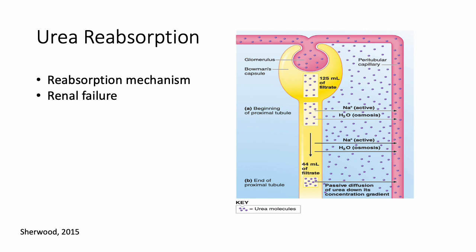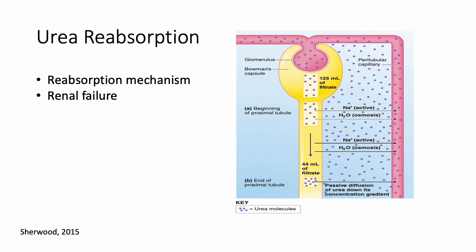The amount of fluid remaining in the tubule gradually decreases due to extensive reabsorption of water from the proximal tubule. With this being said, some substances will be left behind, becoming more concentrated in tubular fluid, in our case being the most important, urea.